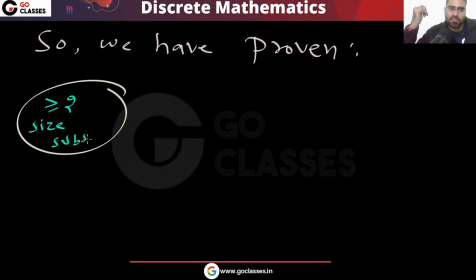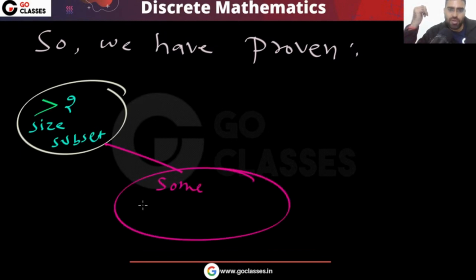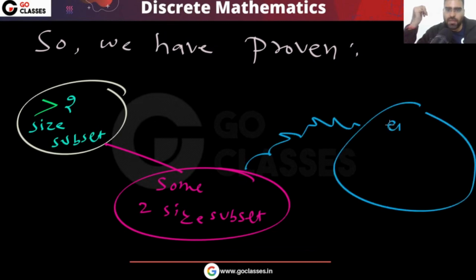So finally, what have we proven? We have proven that whatever subset you take, any subset of size greater than 2, it will be adjacent to some 2-size subset, and that will have a path to any 2-size subset.